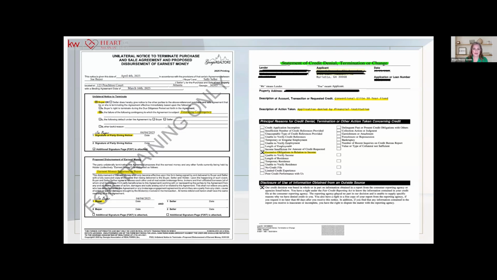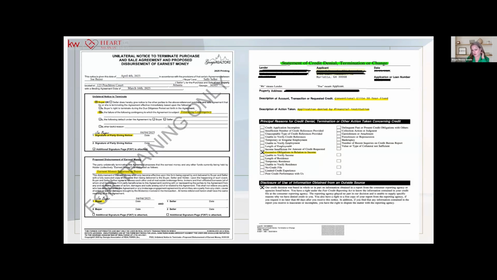When the person that you're preparing that termination for doesn't have a contractual right to terminate, but their life circumstances in general are causing them to want to terminate, and they're trying to get the other side to agree to part ways, settle the matter, be done, walk away, get their earnest money refunded or have the earnest money awarded to the seller, whichever the case may be, and walk away with a mutual agreement. It's an asking doc, but it doesn't actually do anything to terminate the contract. That's the F519. You do not use that when you have a right that you're trying to help a buyer exercise, or a seller for that matter.